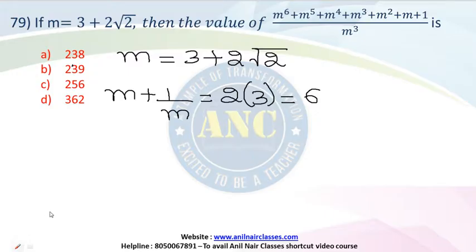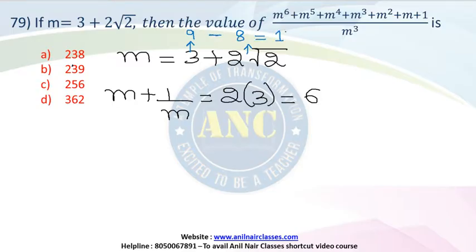But don't ever forget the condition for this. This m value, if it is 3 plus 2 root 2, then m plus 1 by m is 2 times the bigger value 3. 2 times 3 is equal to 6. This is true only when the square of this 3, that is 9, and the square of this 2 root 2, that is 8, differ by 1.